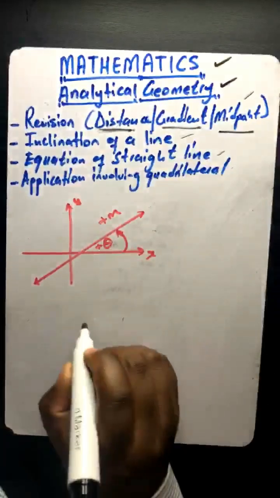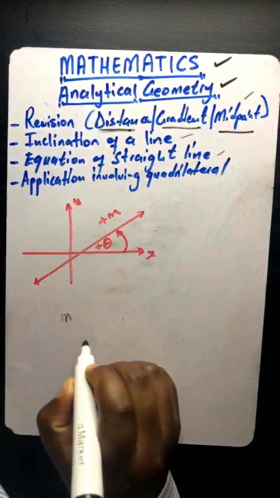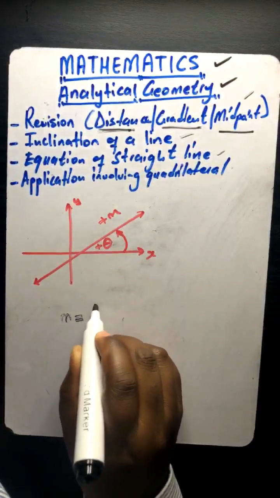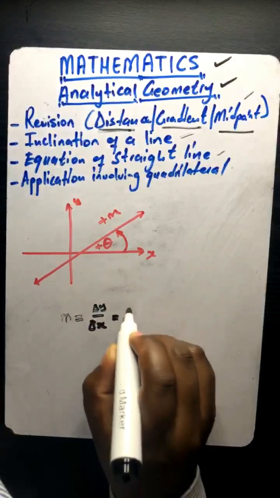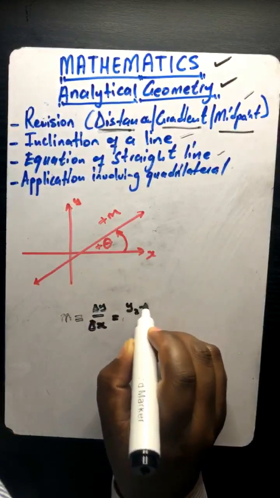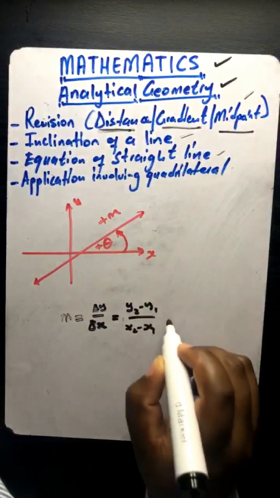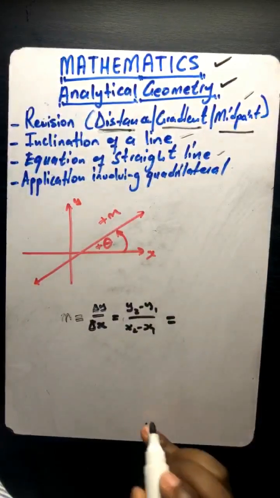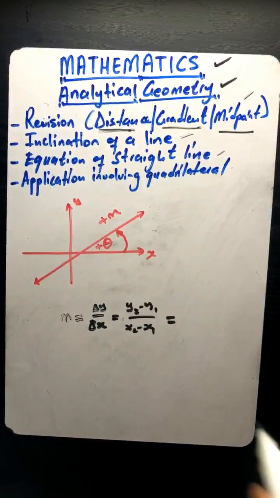So this is what I'm saying. That formula that I spoke about for calculating the gradient, which is equal to change in y over change in x, equals y2 minus y1 over x2 minus x1, that we know. This is something I'm not sure if it's new or if it's just a reminder.